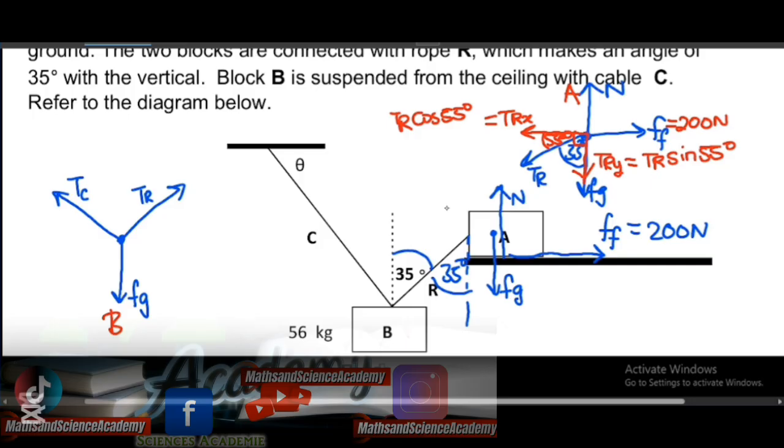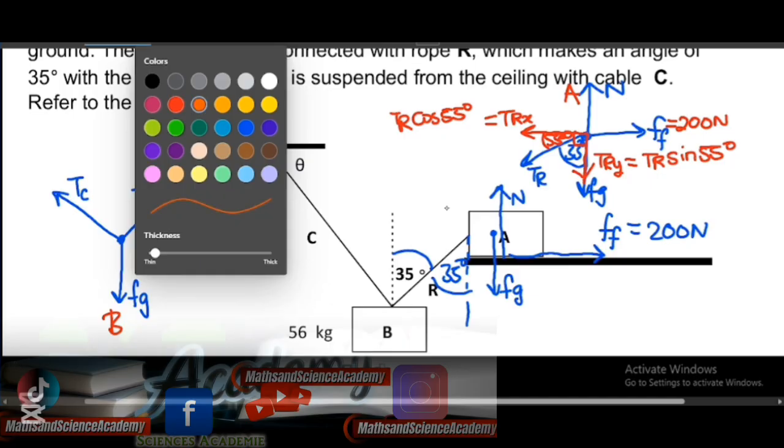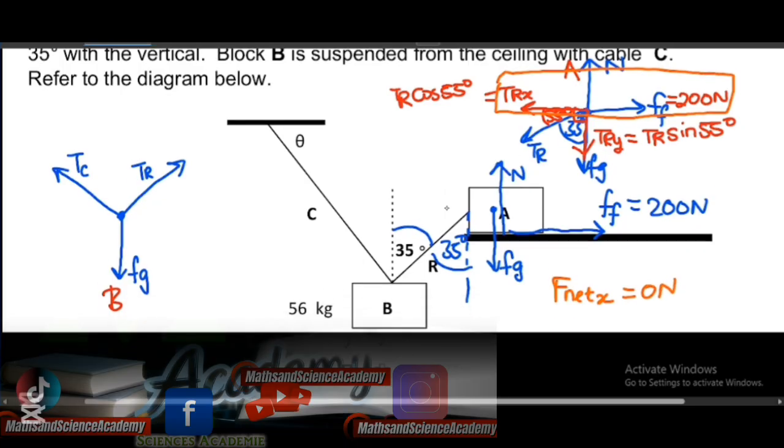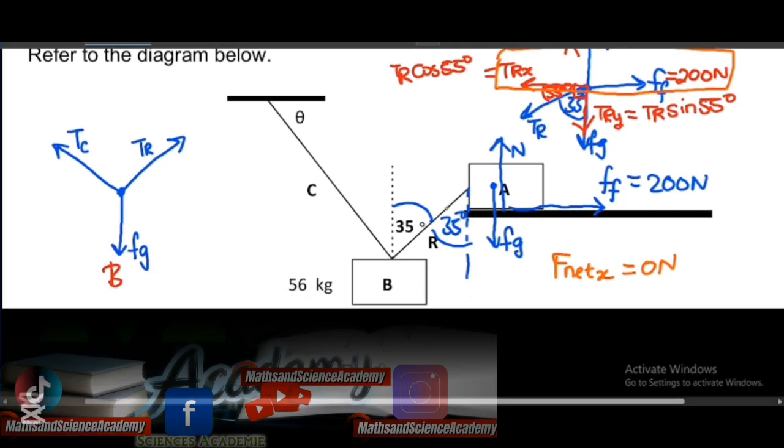So from F net in the x-axis, we'll say F net in the x-axis will be equal to 0, since we know that the system is stationary. We take to the right as positive, so frictional force will be positive. So we'll have frictional force minus TRX, which is the horizontal component, equal to 0.